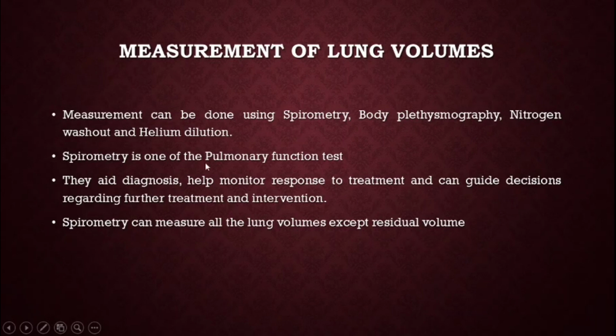So spirometry is one of the pulmonary function tests which is used to find the physical condition of the lung. Spirometry helps to diagnose, helps to monitor the response to treatment, and can guide decisions regarding further treatment and interventions.